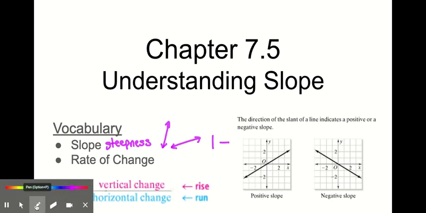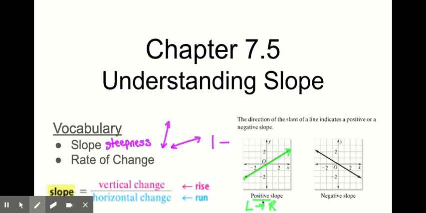If you look over here at my two examples, we see positive and negative slope. So we always talk about slope going from left to right. And then whether it's going up or down is what matters. So when I'm going from left to right, I see that this is increasing, or my slope is going upwards.